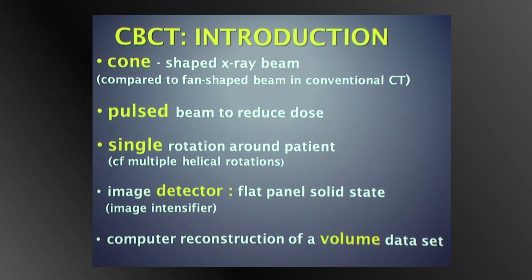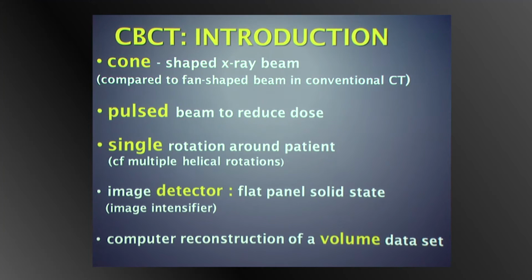Okay, so I think it's important for us to know about cone beam, because cone beam's not just in the realm of dental radiology, it's now coming into orthopedics quite a lot. And there's a specific machine just come out, I saw advertised for cone beam imaging of the foot, but it's being used for the hand as well. So it's basically a cone-shaped X-ray beam, hence the name cone beam.